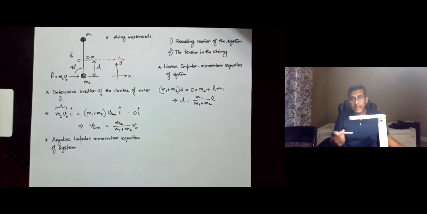Because of that, when we have a system of particles, this f hat is going to produce an angular impulse. In other words, it is going to start producing a rotational effect on the two masses.